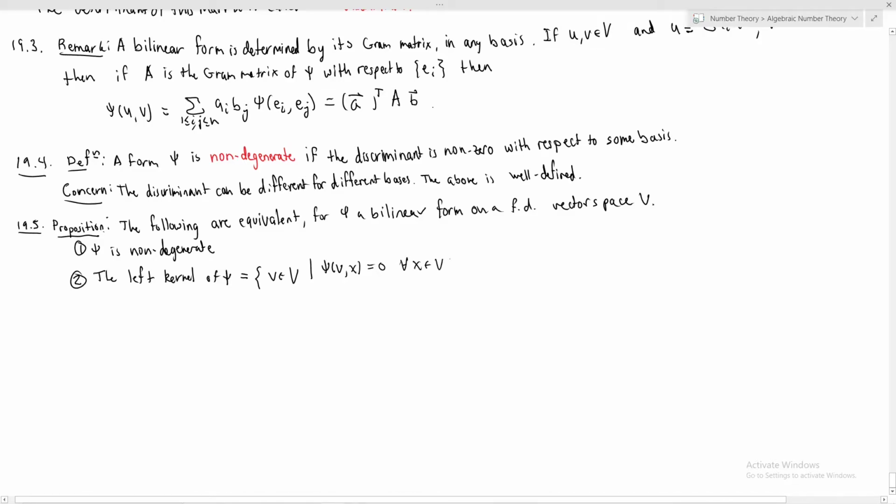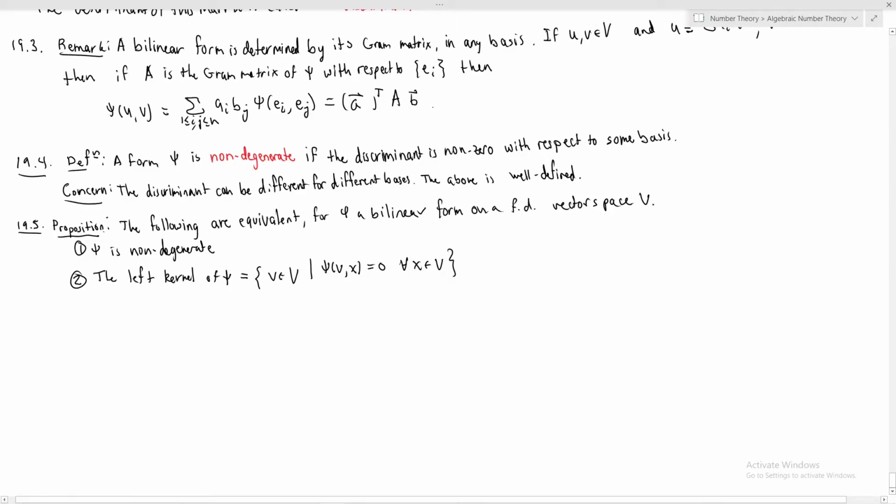Okay, so one way to think about this left kernel is saying that basically this bilinear form can't tell the difference between v and the 0 vector.